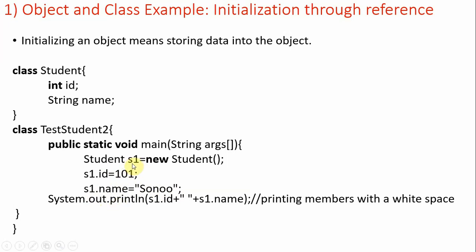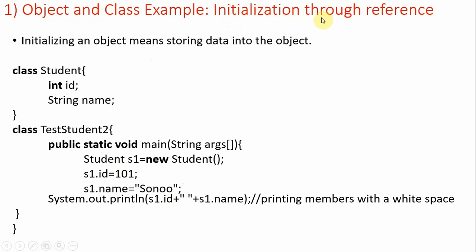Okay, s1 alone is actually the reference variable. Of course, an object is created, but s1 alone is called a reference variable: Student s1, you can look at the half part. So with the reference variable, s1.id equal to 101 means it will go and store here only. And s1.name equal to Sonoo. So how to print? System.out.println of s1.id and s1.name, which prints the 101 and Sonoo values.